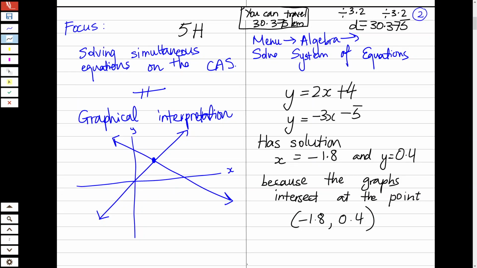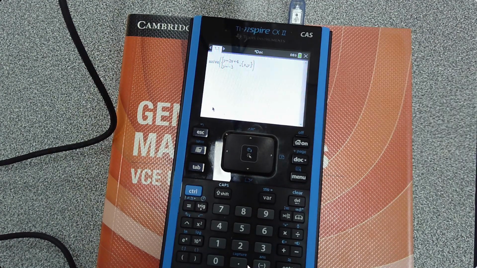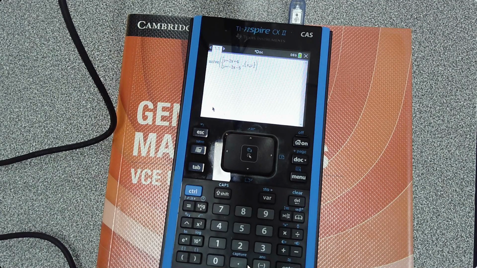Here it's negative 3x minus 5, so y equals minus 3x minus 5. Sorry, what was the first one? Y equals 2x plus 4. And the second one is? Negative 3x minus 5.